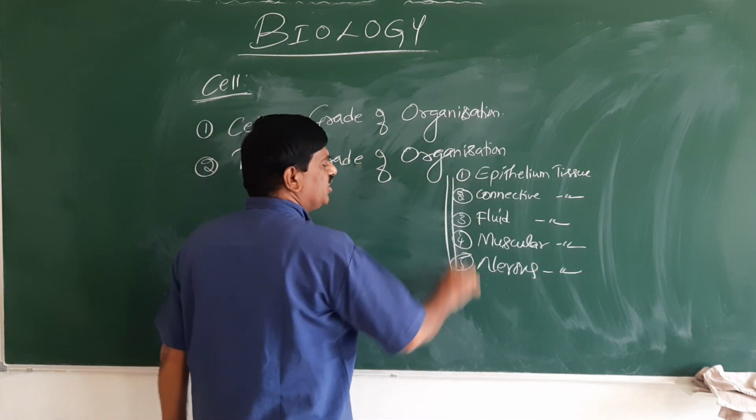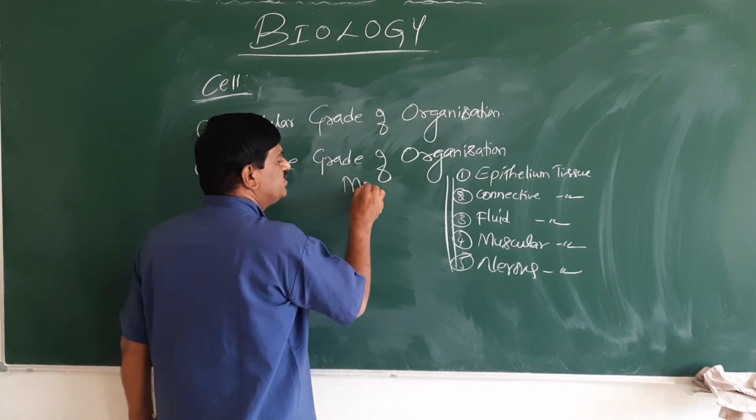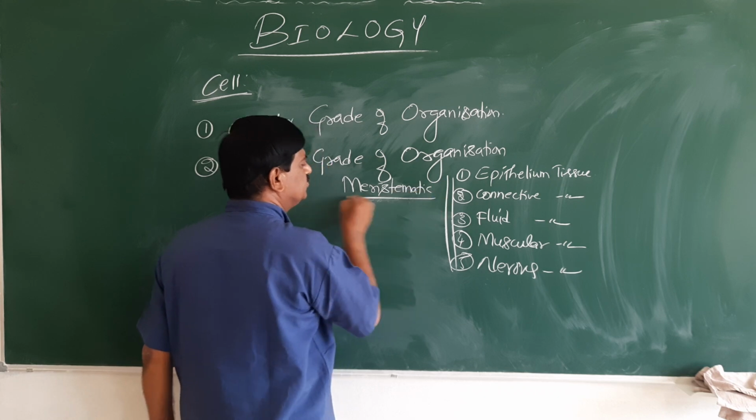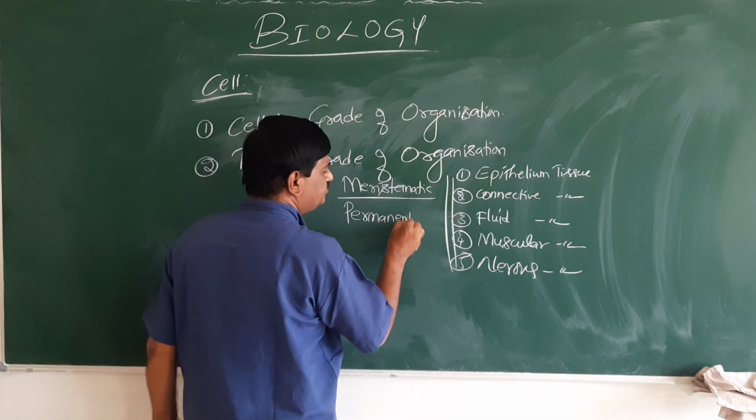So there are 5 tissues in animals. When you go for plants, there are 2 words. One is meristematic tissues, and the other is permanent tissue.